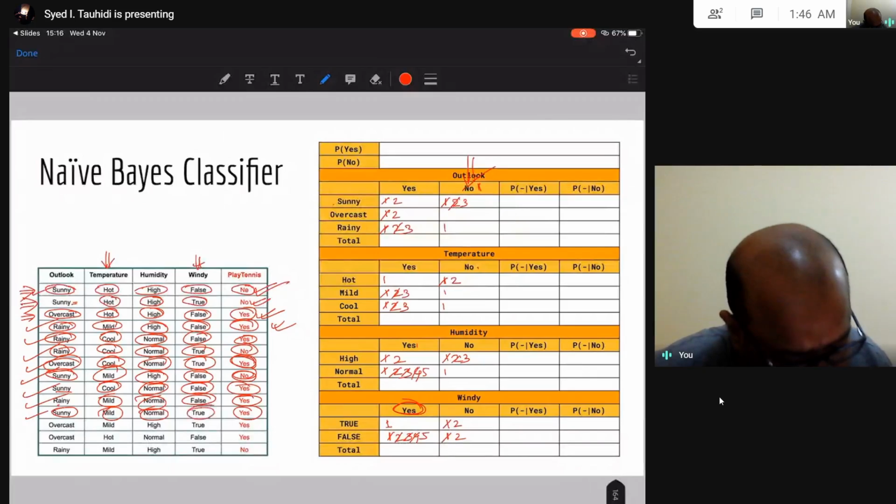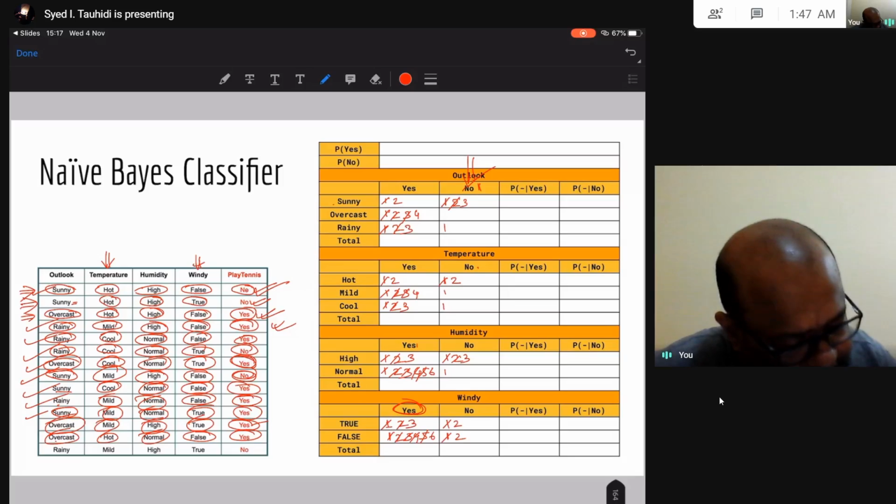This is yes again. Overcast, I have incremented, mild, I have incremented, high, I have incremented, true, incremented. Then yes again. Overcast, incremented, hot, incremented, normal, incremented, false, incremented.